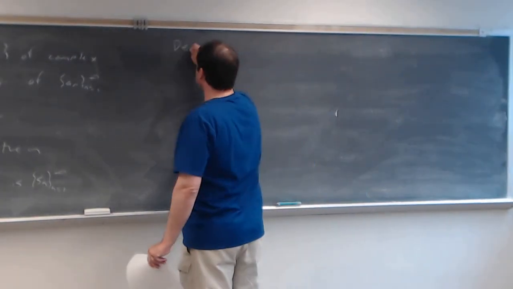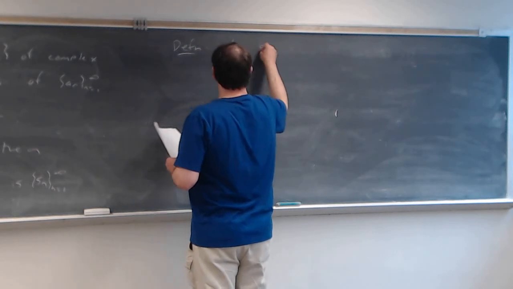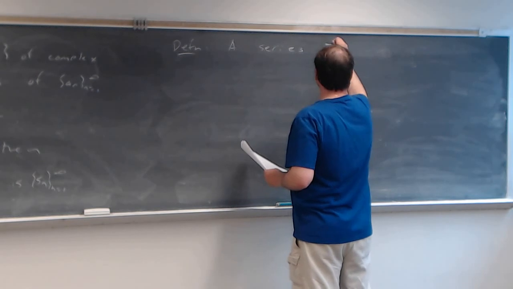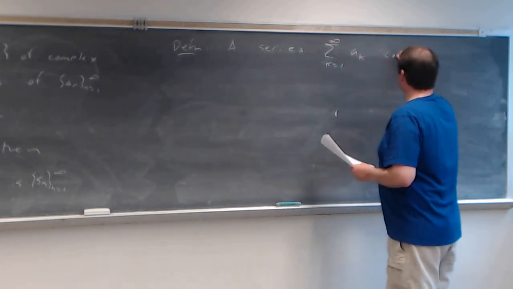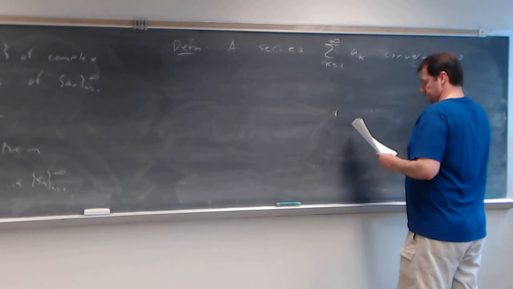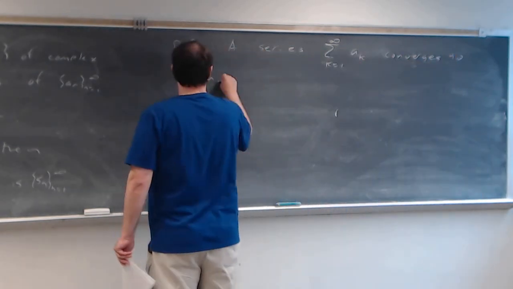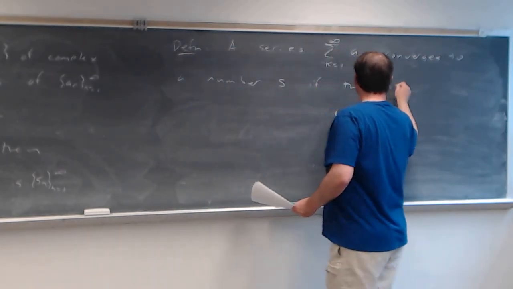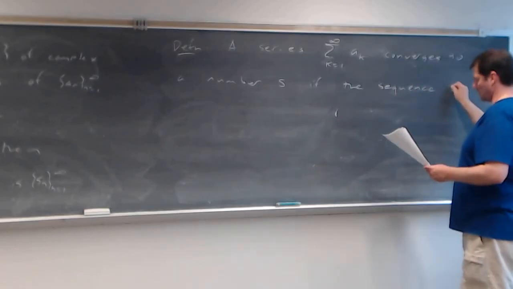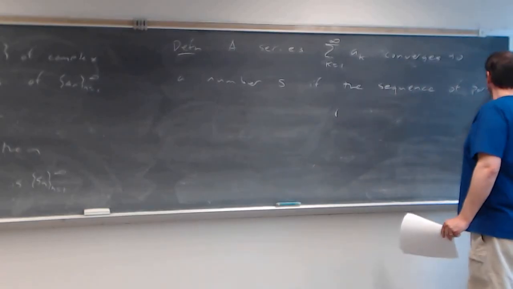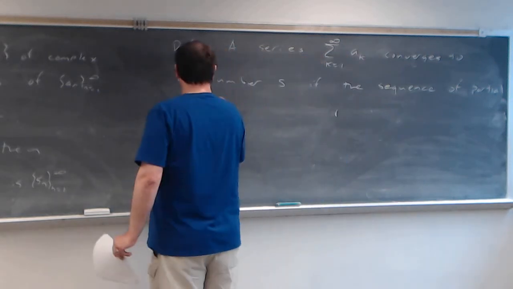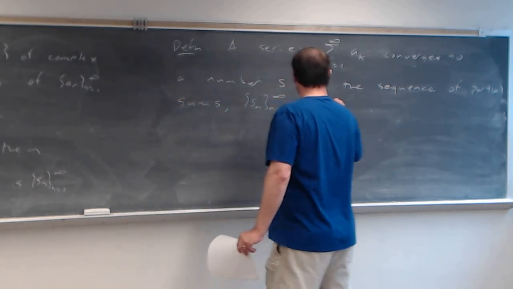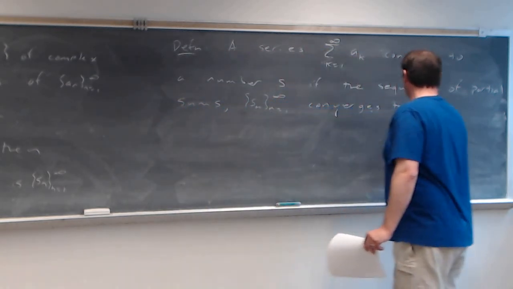As a definition, a series, the sum as k runs from 1 to infinity of a sub k, converges to a number s if the sequence of partial sums, call that S sub n, converges to s.